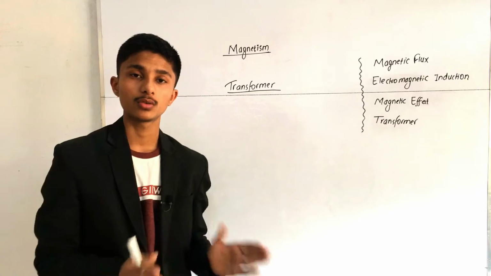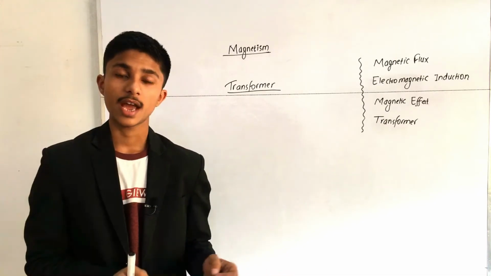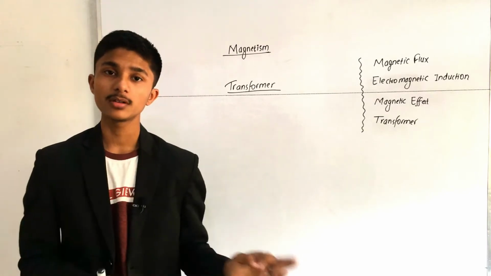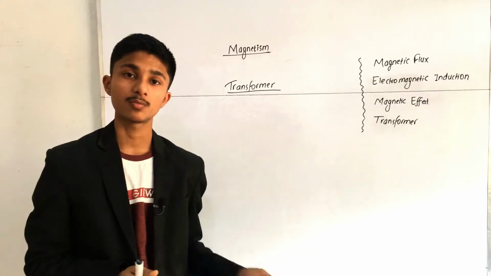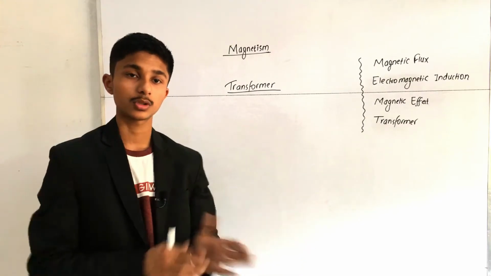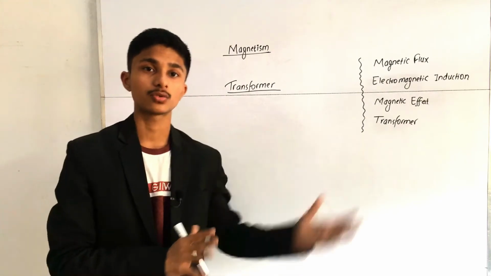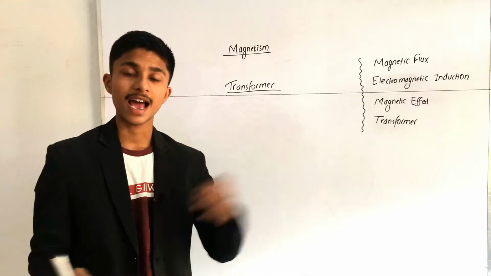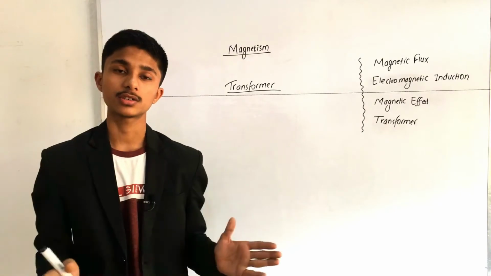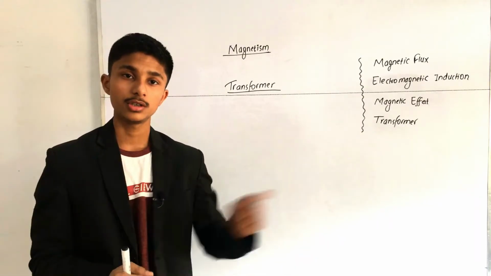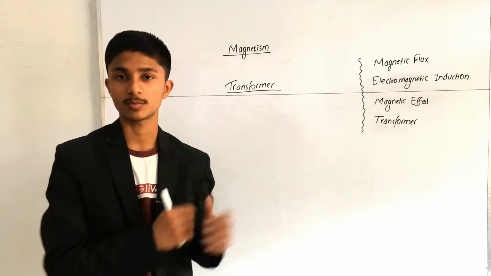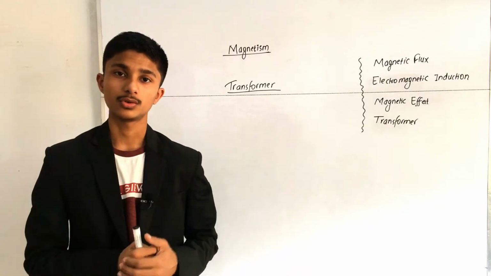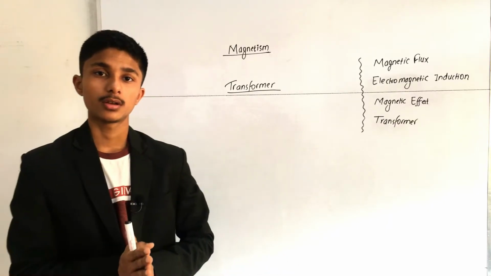And we all know that the electricity generated at the power station has a low potential difference, so it must be stepped up so that electricity can be transferred over a long distance. Similarly, we don't need high voltage AC in our home or for domestic purposes, so it must be stepped down for use.